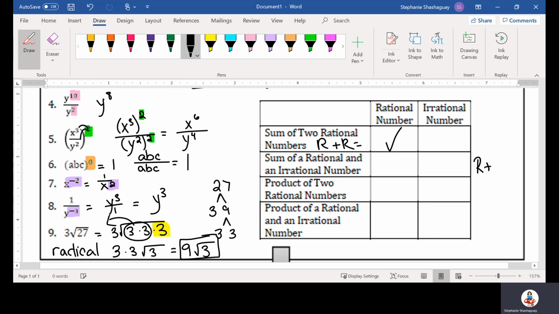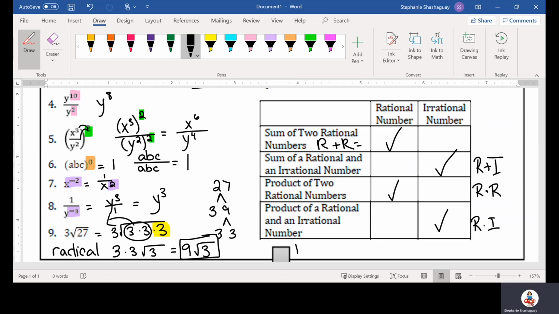So r plus i, that's always going to give me an irrational number. The product of 2 rational numbers. So r multiplied by r will always give me a rational number. The product of a rational and an irrational number will always give me an irrational number.